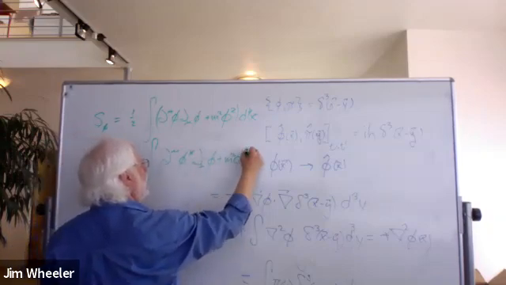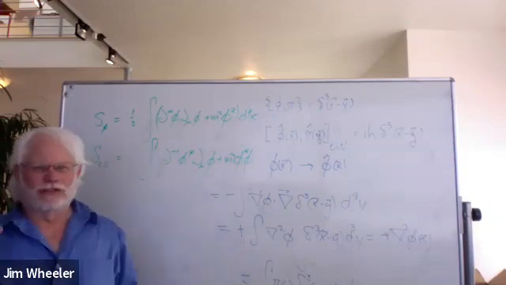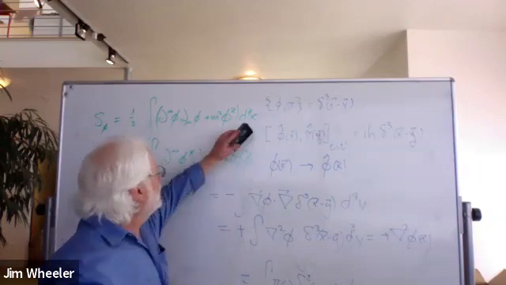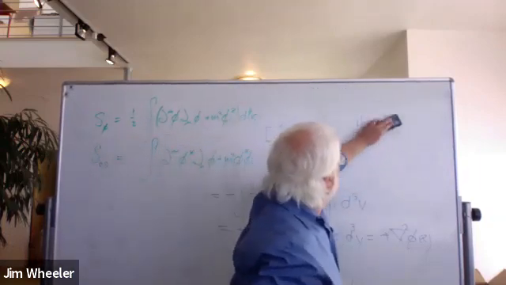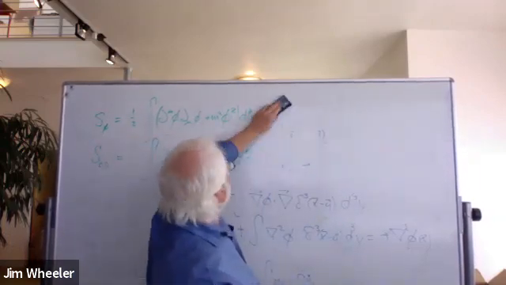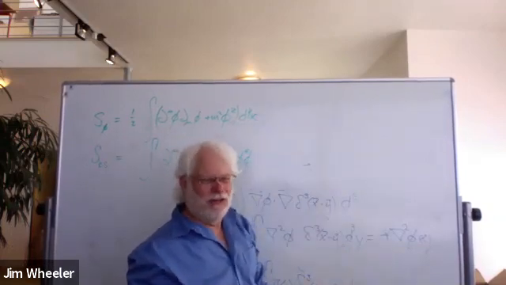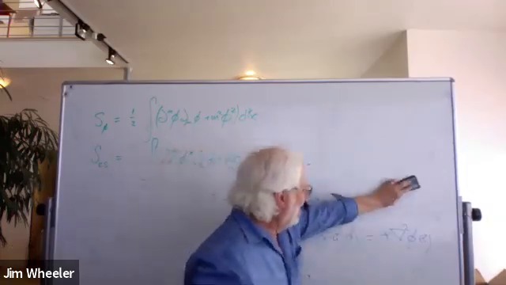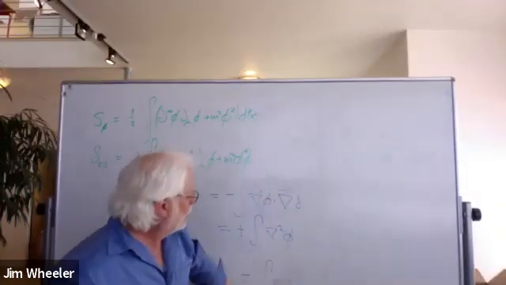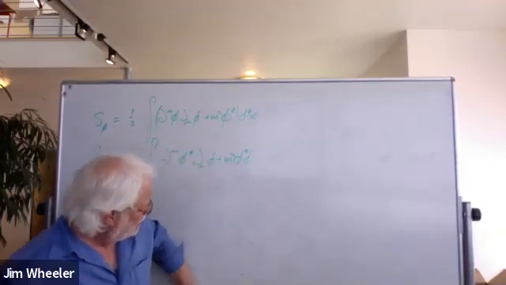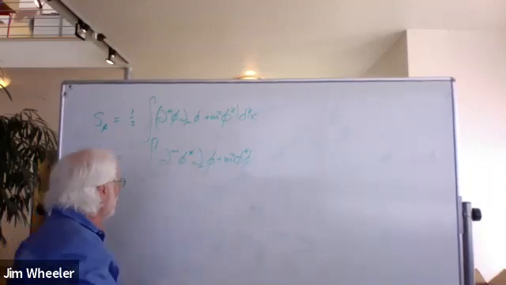And here's a great exercise for you guys. Vary each one of these actions and find the field equations. Do you need practice varying field actions? Nah, no, don't need practice. If it's tedious in the sense that you've done it 3,000 times and you don't need to do it again, don't worry about it.